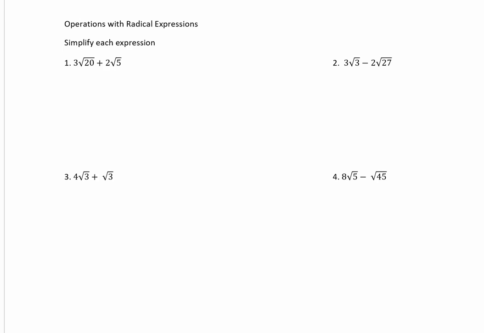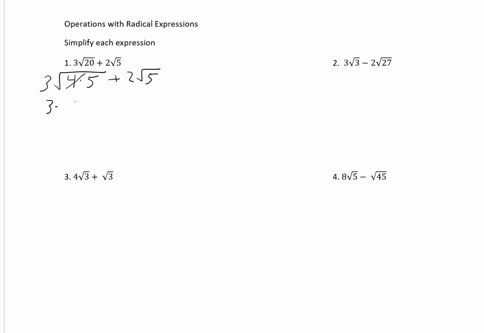All right, so what you need to do first when you're doing radical expressions is simplify each expression. So right here, we need to break apart 3 rad 20 into 4 times 5, because 4 is the perfect square factor. And then we want to simplify. Remember, there's an implied multiplication sign between the 3 and the radical.